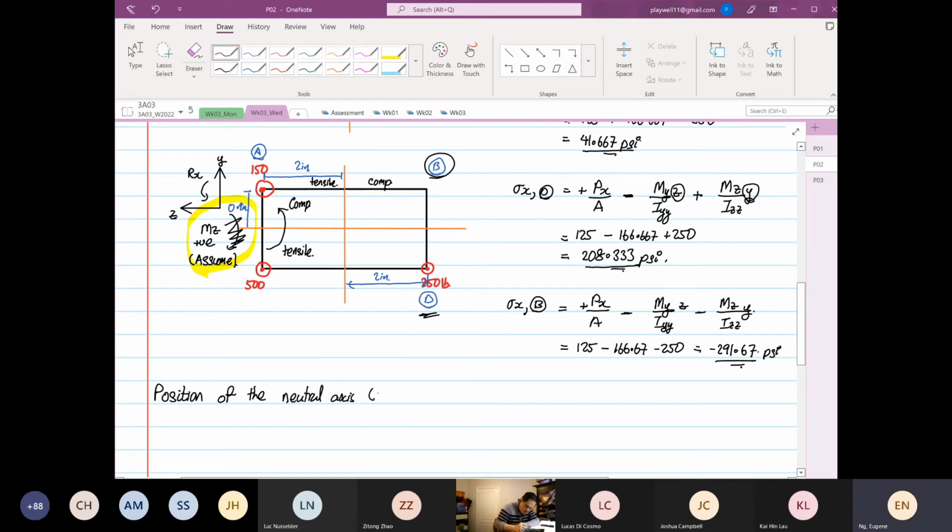We know that at the neutral axis, stress X is equal to 0. So you can apply the formula where stress X is equal to Px over A plus or minus My over Iyy multiplied by Z, minus Mz over Izz multiplied by Y.